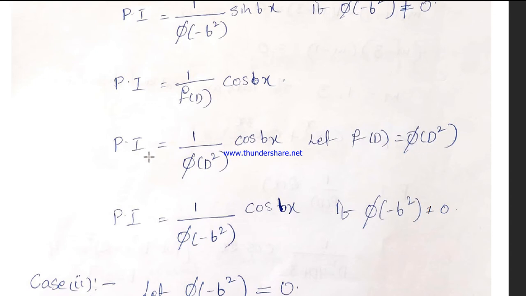So write the particular integral as 1 by phi of D square cos bx, put D square equal to minus b square, and we get the particular integral equal to 1 by phi of minus b square cos bx, if phi of minus b square is not equal to 0. If phi of minus b square is not equal to 0, simply we can substitute D square equal to minus b square.